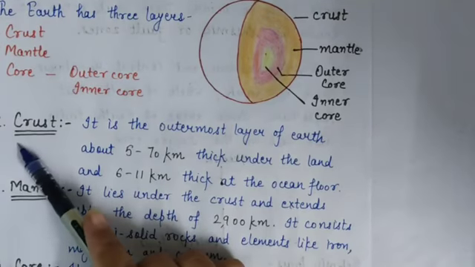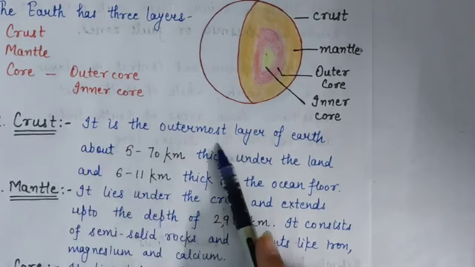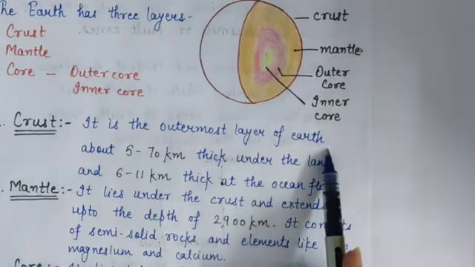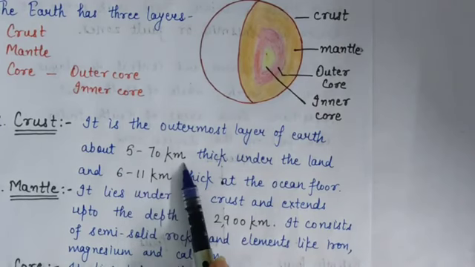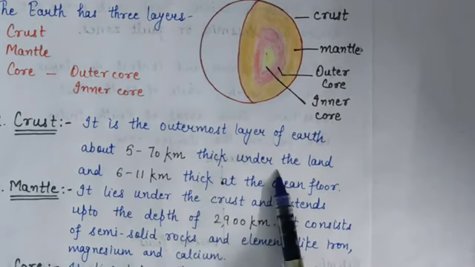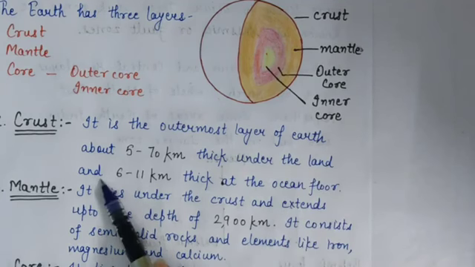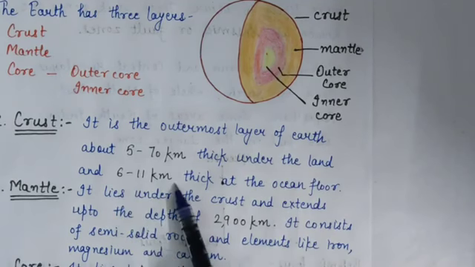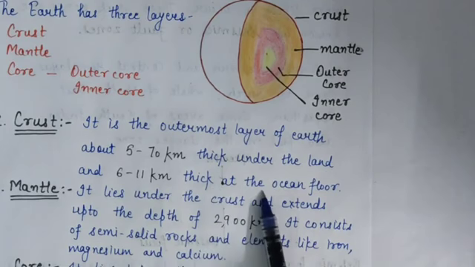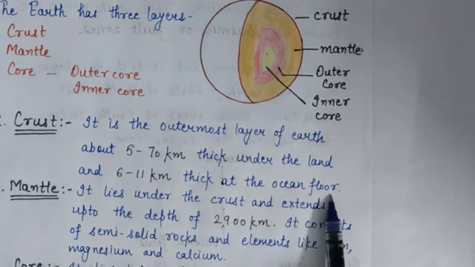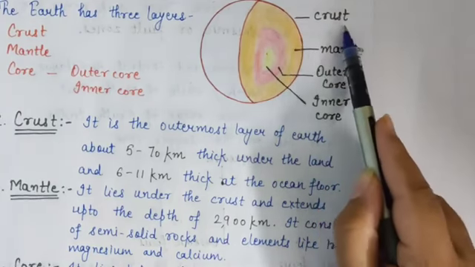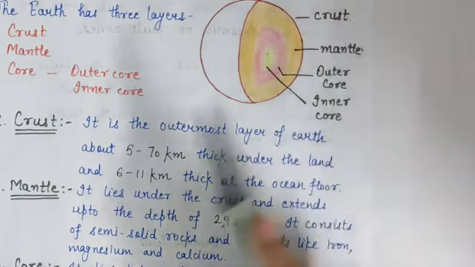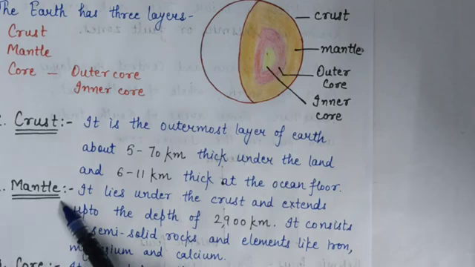So the first layer is crust. It is the outermost layer of earth, about 5 to 70 kilometer thick under the land, and 6 to 11 kilometer thick at the ocean floor. And second is mantle.